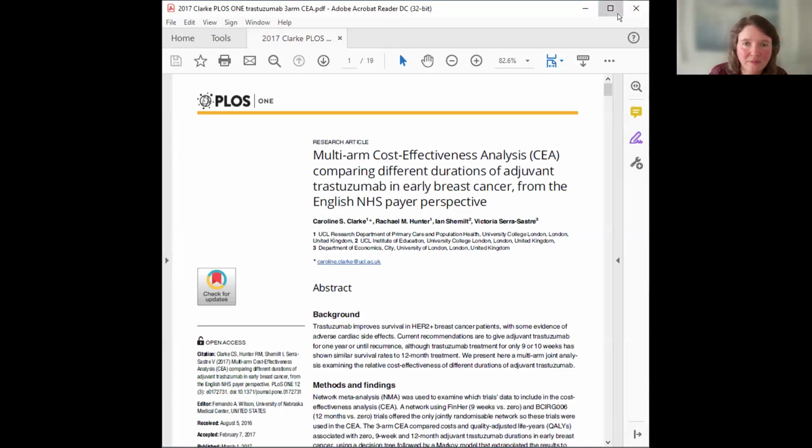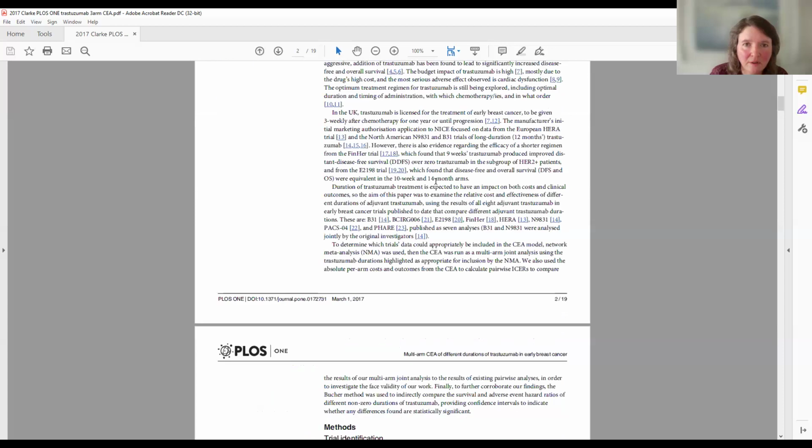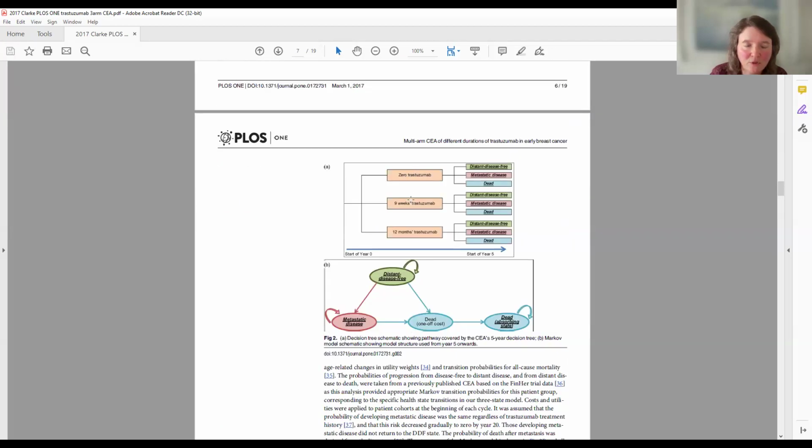Right. So this is a paper I did a few years ago, which was a 3-armed analysis. We had 3 arms, this was breast cancer: no trastuzumab, 9 weeks of trastuzumab, Herceptin, or 12 months of Herceptin. Very simple decision model.